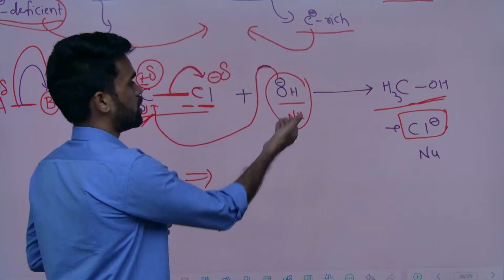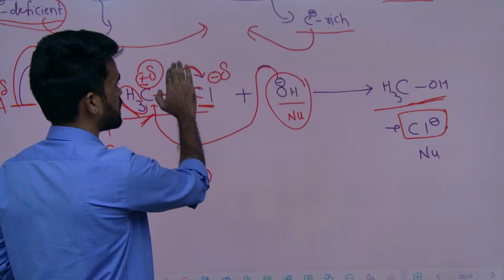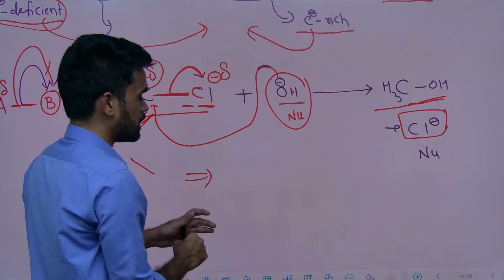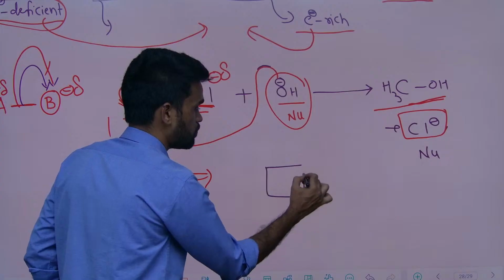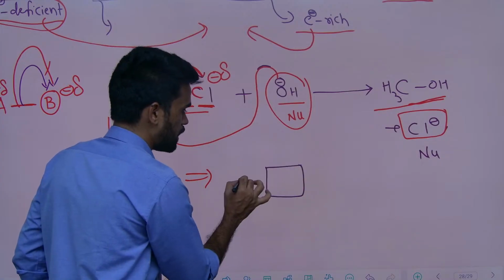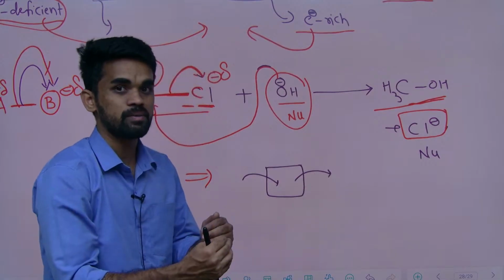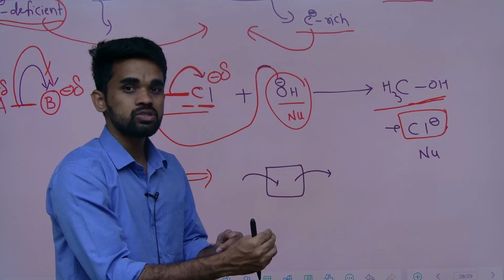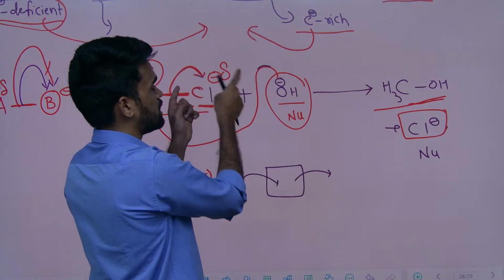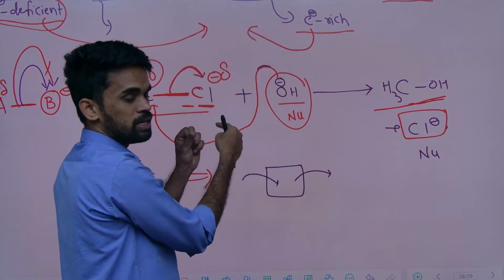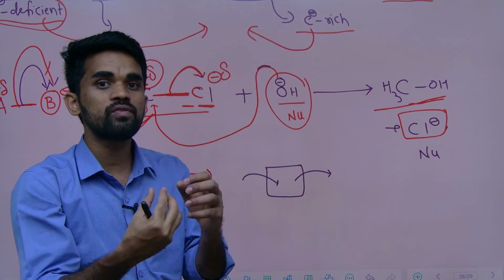So one nucleophile is replacing another nucleophile, something like when we are playing a game, one player enters and the other player is removed, like we call him a substitute player. So here also one nucleophile is substituted by another nucleophile, so you can simply say nucleophilic substitution.